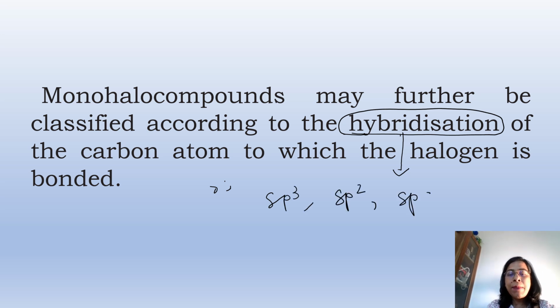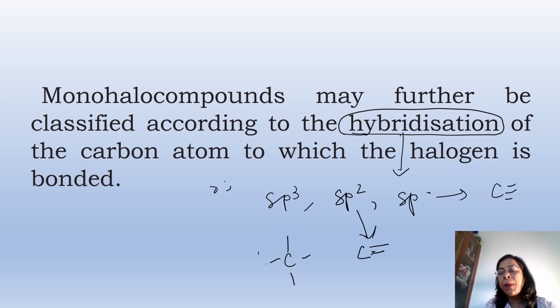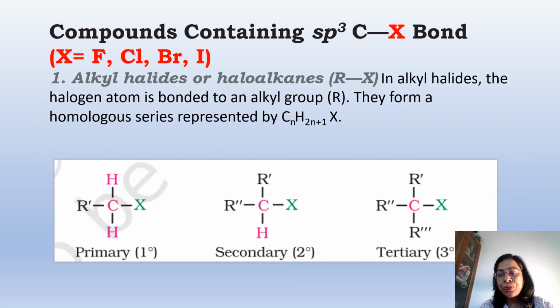Children, always remember when there is a carbon and there is a single bond all around, we understand that it is sp3 hybridized. Whenever there is a double bond around a carbon, anywhere around it, we understand that it is sp2 hybridization, and when there is a triple bond around carbon, we call it sp hybridization.